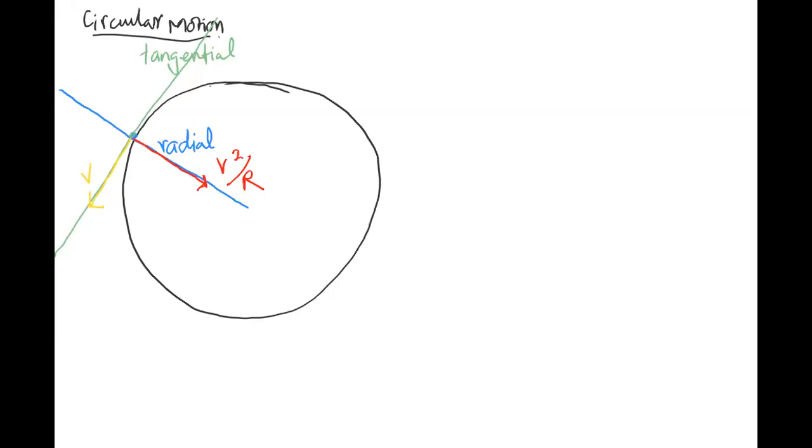I just want to ask a couple of quick questions, then we'll move on. First question: why do we need angular variables? Why not just use the linear variables of distance, displacement, velocity, speed, acceleration?